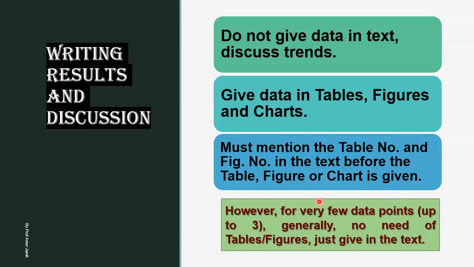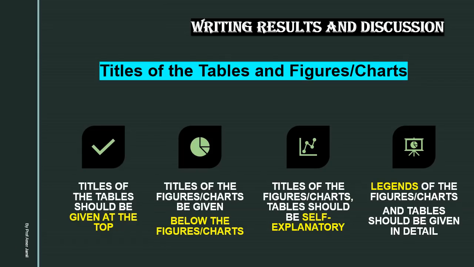However, for very few data points, like if you just have 2 or 3 data points, you don't need to make a table or figure for them. You can give those few data points in the text. If the data points are more, which usually is the case, you should make a table or some chart, and then you explain that in the text.